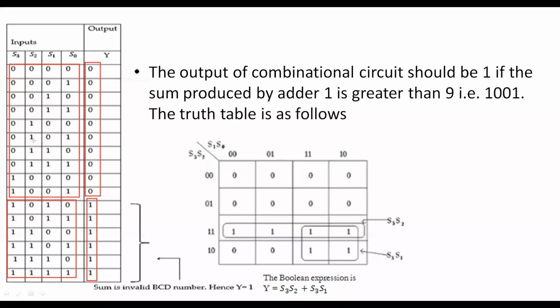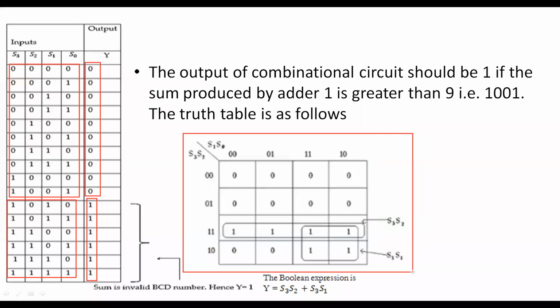Therefore I am taking the functional table like this. I have taken the outputs with respect to the sum. We have drawn the K-map and we have written the output equation. Output equation చూస్తే Y equals S3 S2 plus S3 S1. That is, it requires one AND gate, and this requires a second AND gate, and this requires an OR.